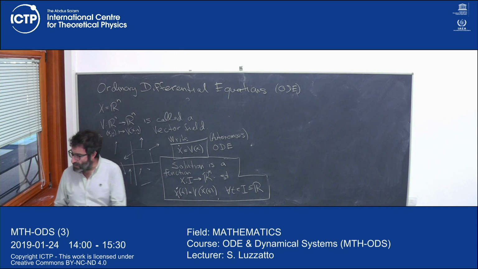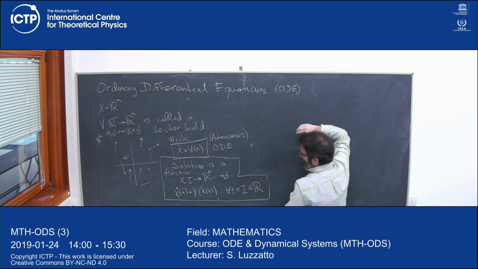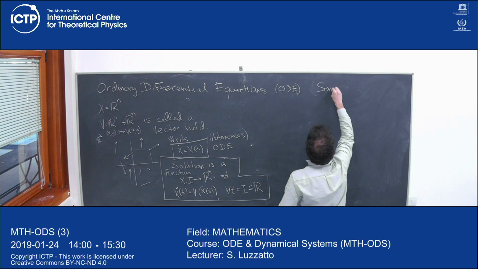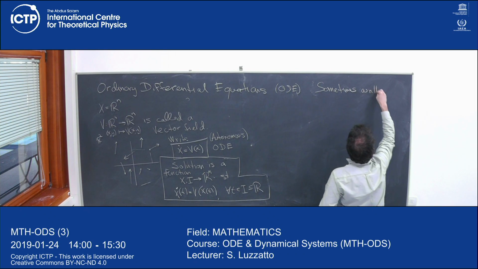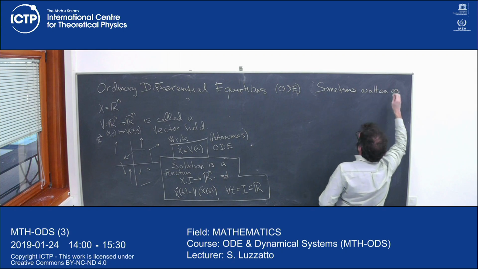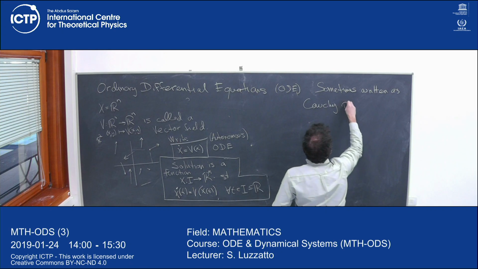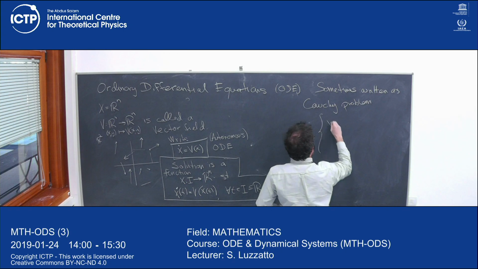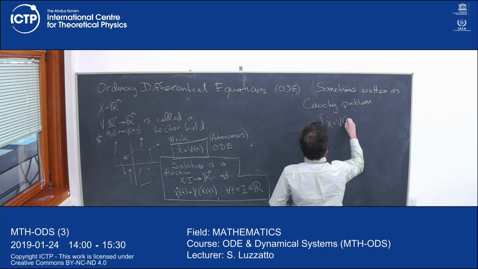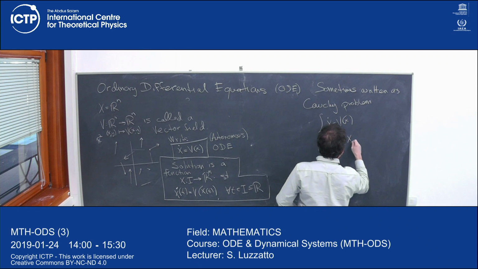Sometimes this problem is written as the so-called Cauchy problem. You will have seen that, right? When you specify an initial condition. It is written as x dot equals v of x and x of 0 equals x0.